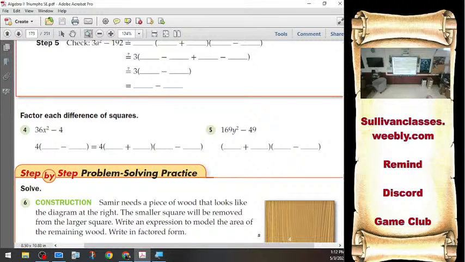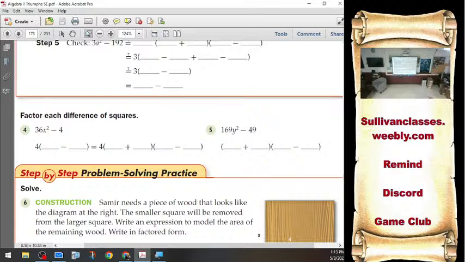Now this is a greatest common factor thing. This is difference of squares because they're both perfect squares. So what's the square root of 9x squared? Just like up here, I did the square root of a squared. I did the square root of 64. What's the square root of this guy? 3. And x squared, an x, right? Because x times x makes x squared.